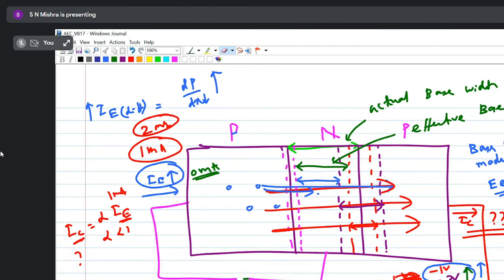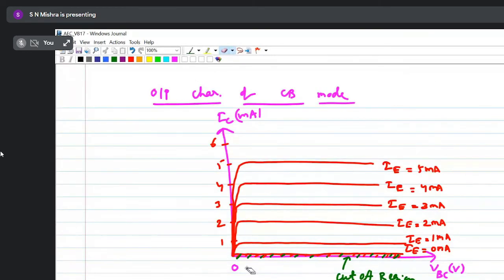And what about the collector base junction? I'm moving from 0 to higher voltage. Let us take 0 point, this is 1, this is 2, this is 3, this is 4, this is 5, this is 6, this is 7. That means I'm giving VBC, which is minus of VCB.